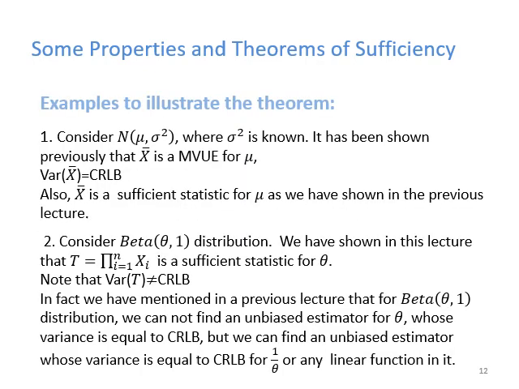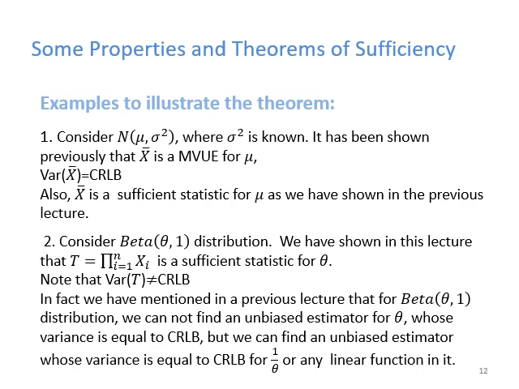Now we are going to consider two examples to illustrate theorem 2. The first example, we have a random sample from a normal distribution with mean mu and variance sigma squared, and we also assume that sigma squared is known. It has been shown previously that x bar, the sample mean, is a minimum variance unbiased estimator for mu.